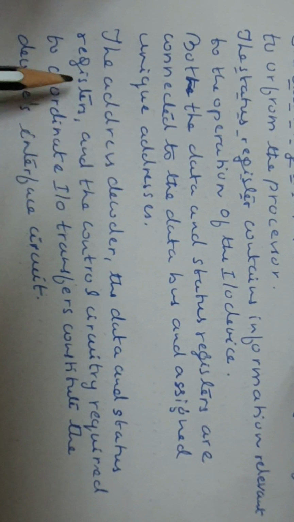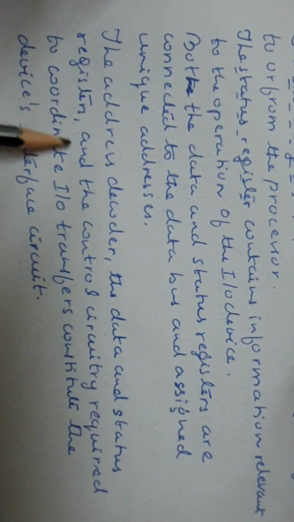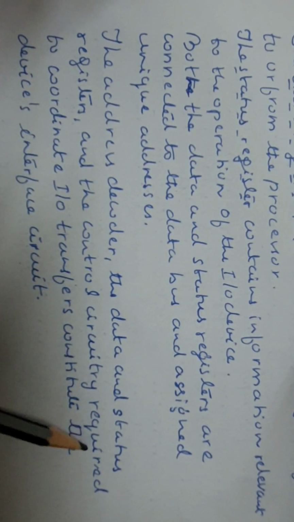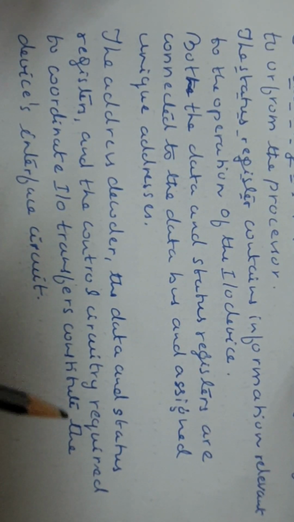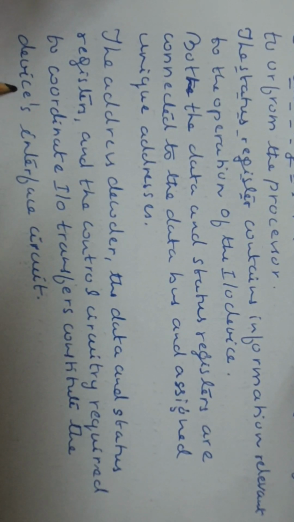Okay. The address decoder, the data and status registers and the control circuitry required to coordinate IO transfers constitute the device's interface circuit. What is IO device's interface circuit?